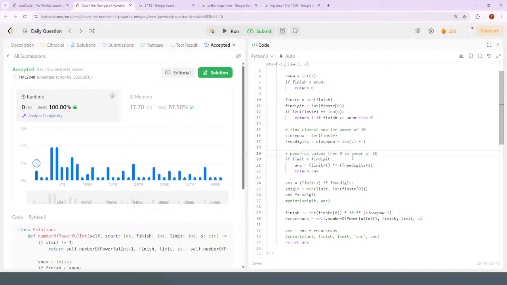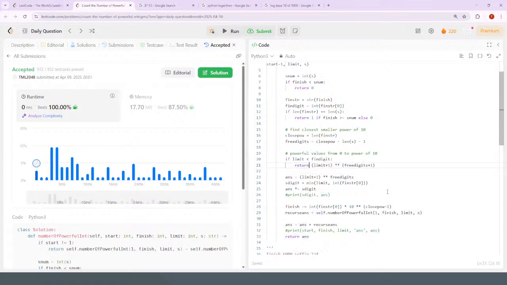If the limit, okay, possible values between 0 and 10. If the limit is smaller than the finish's first digit, then your answer is just going to be that calculation. Otherwise, take your answer, excluding that first digit, you multiply by the lower bound of your possibilities here.